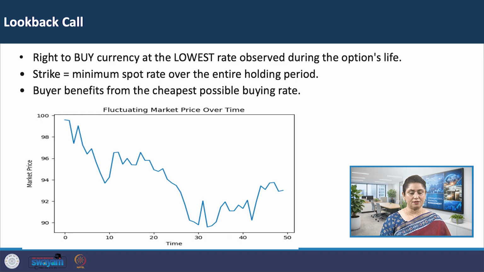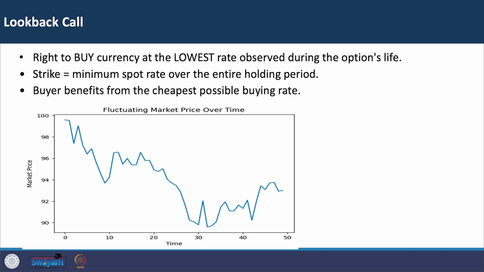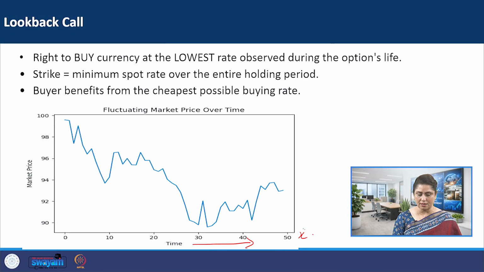Now, for example, if we take this particular graph, the x-axis is the time and the y-axis is the market price. Now we can see there is a lot of fluctuation. Let's suppose this was for 50 days.